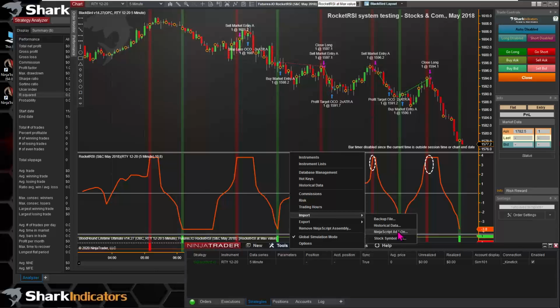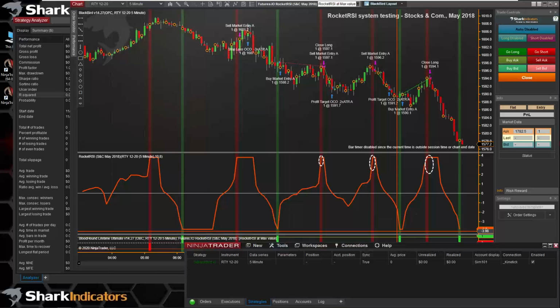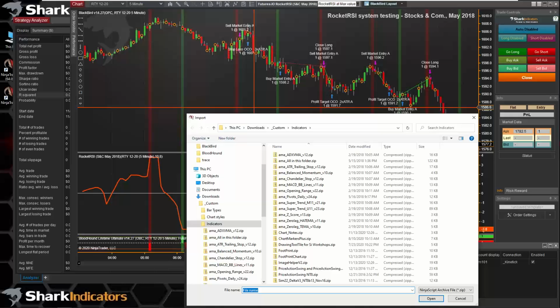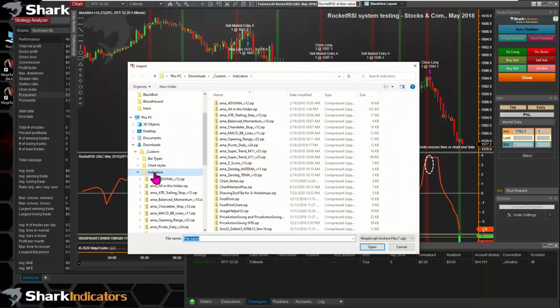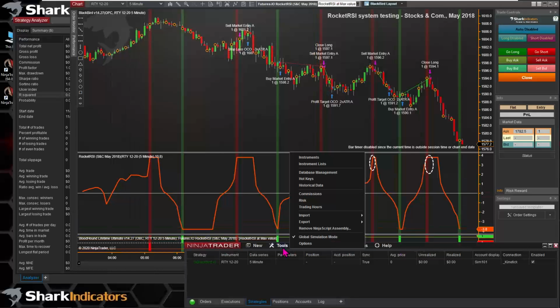Indicators, strategies, things like that are all NinjaScript add-ons. You click on that, NinjaTrader checks the system, and from there you can select whatever indicator you want to import, and it's going to be a zip file. So again, Tools, Import, NinjaScript add-on.